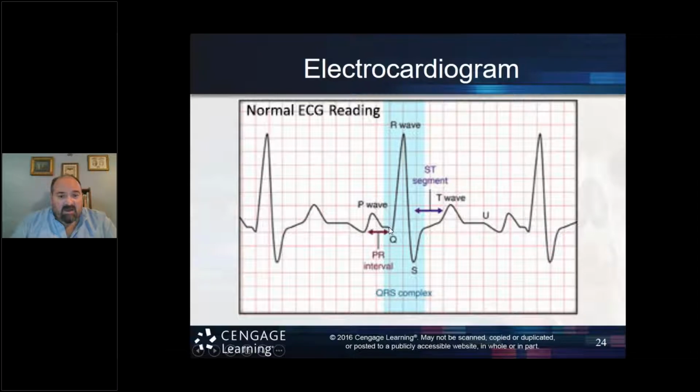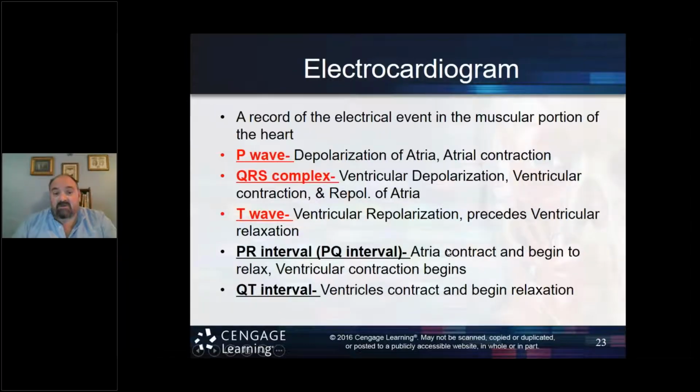Then you're going to have repolarization taking place during the QRS. That's where repolarization of the atria will take place, and this is where depolarization and contraction of the actual ventricles will take place, okay? So the P wave, atria; QRS, think ventricle, and repolarization of the atria. And then the T wave, which is the last area there, would be ventricular repolarization, okay?